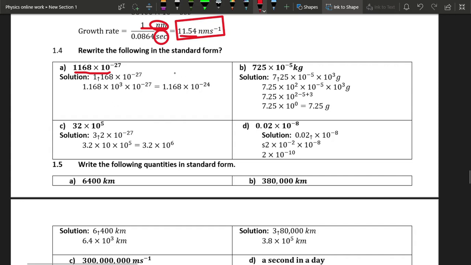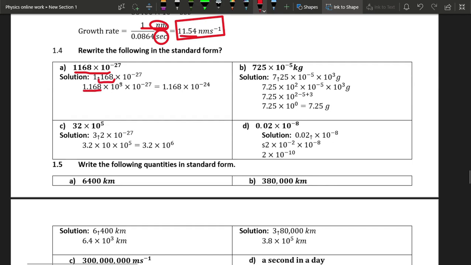So you see in this example A, it is 1168. To make this number between 1 and 10, we move this decimal point, which is after 8, to after the first non-zero digit, which is 1. Like you can see in this example over here, it will be 1.168.